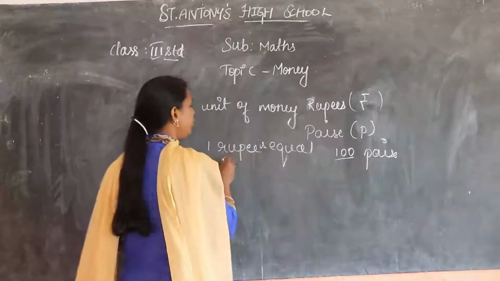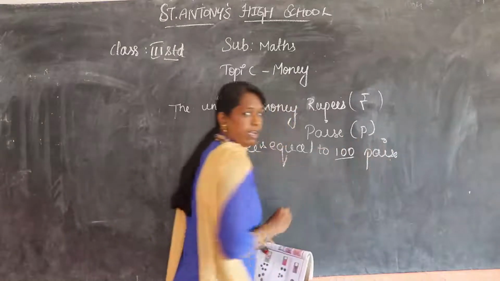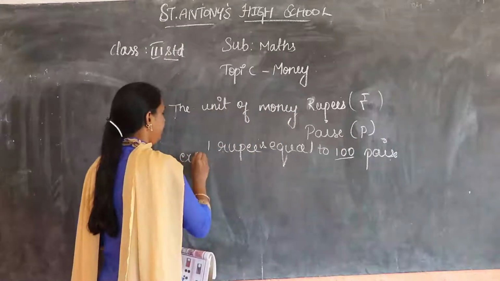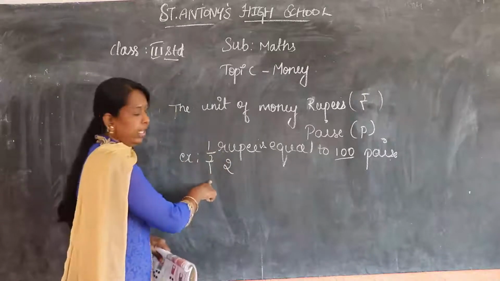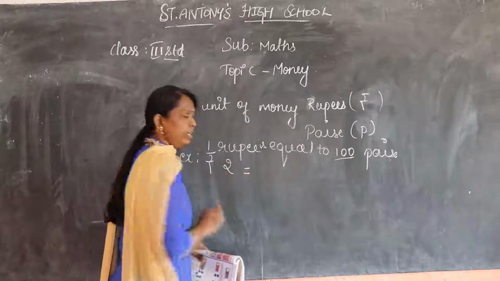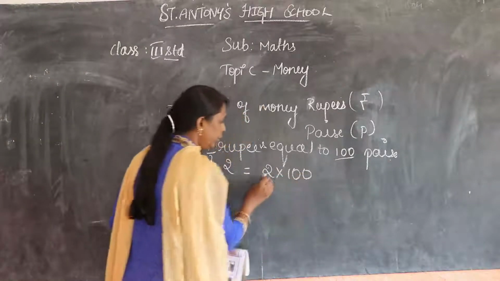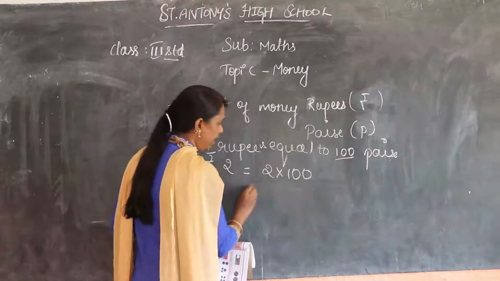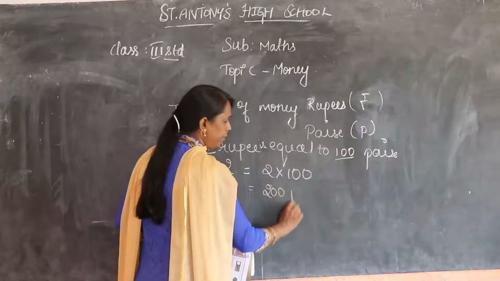One more time, 1 rupee is equal to 100 paisa. For example, if I take 2 rupees, this is the symbol of rupees, 2 rupees is equal to how much? 2 into 100, that is 200 paise.